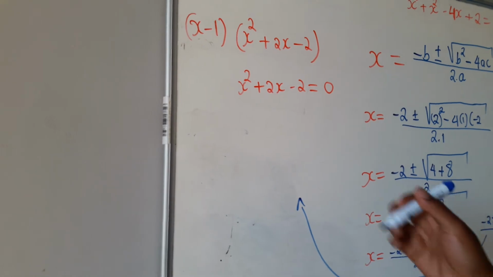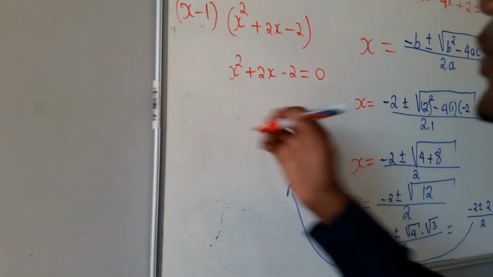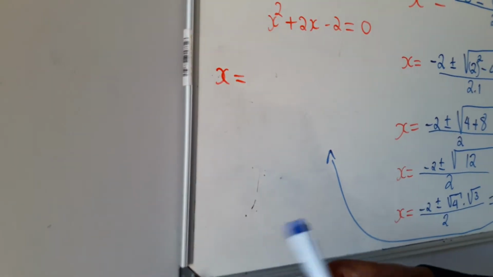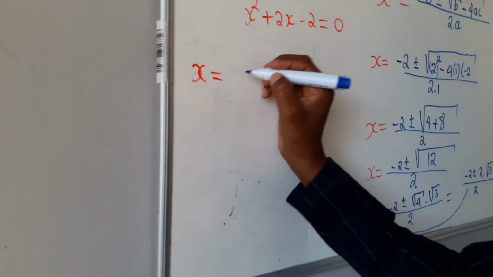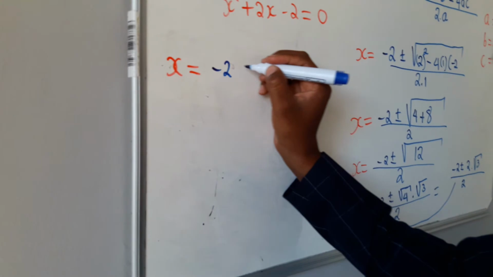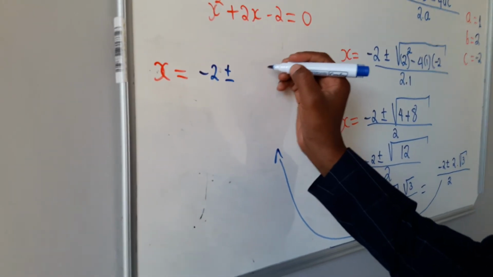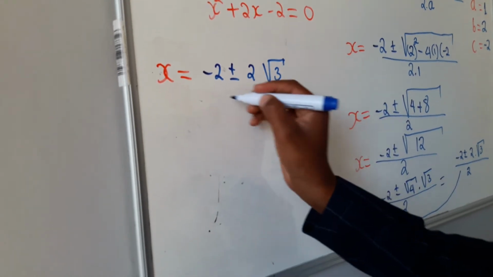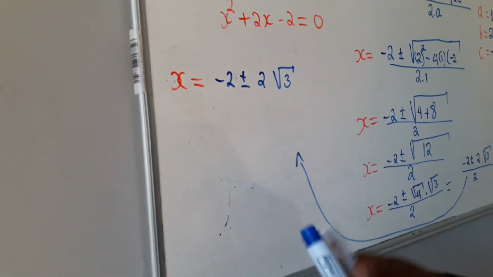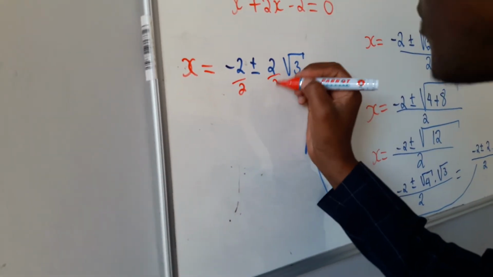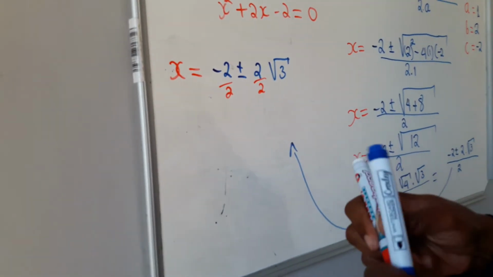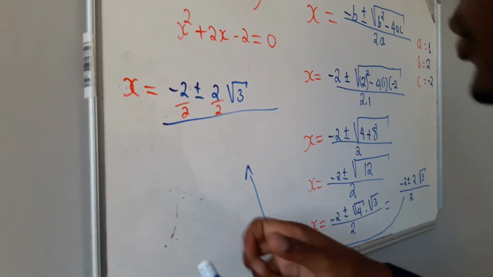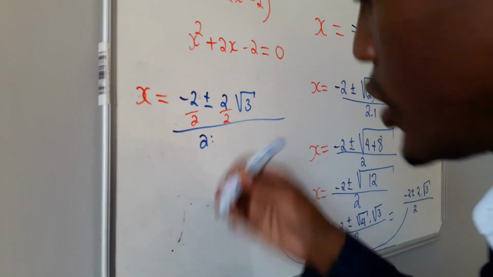So we're going to have here x equals -2 plus minus 2 square root of 3. Now let me divide all that by 2, divided by 2, divided by 2, and we have 2 here also, and I'm also going to divide it by 2.